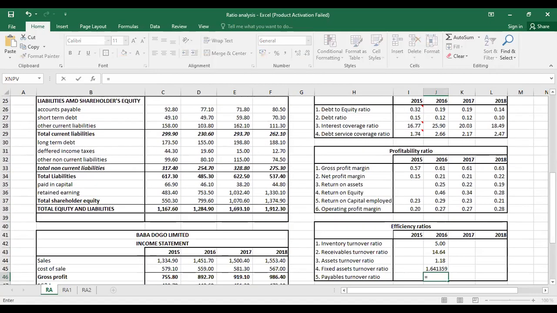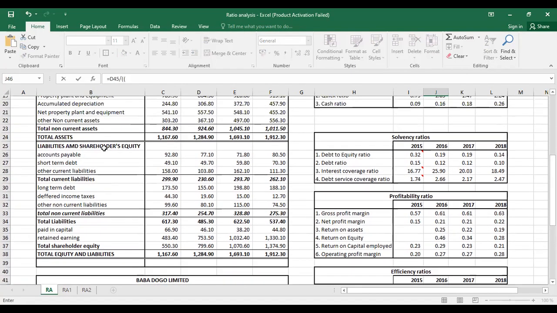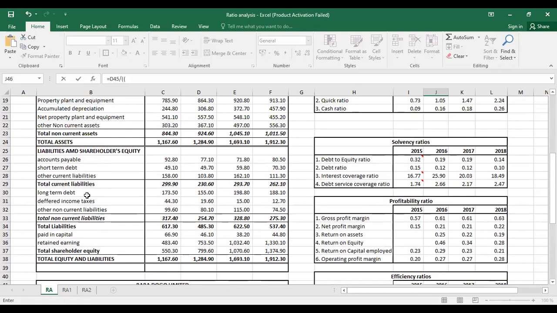Then the payables turnover. Payables turnover is purchases over average accounts payable, but in our question we don't have purchases, so we can use cost of sales. Divide by, you open your two brackets, the accounts payable, here they are.